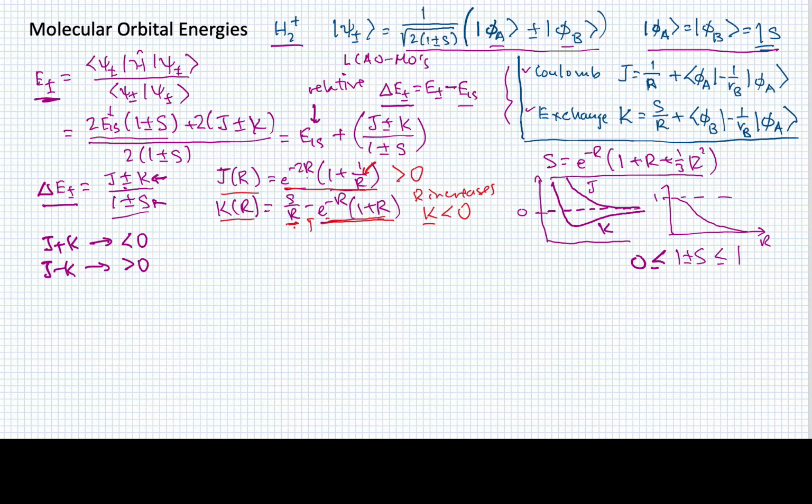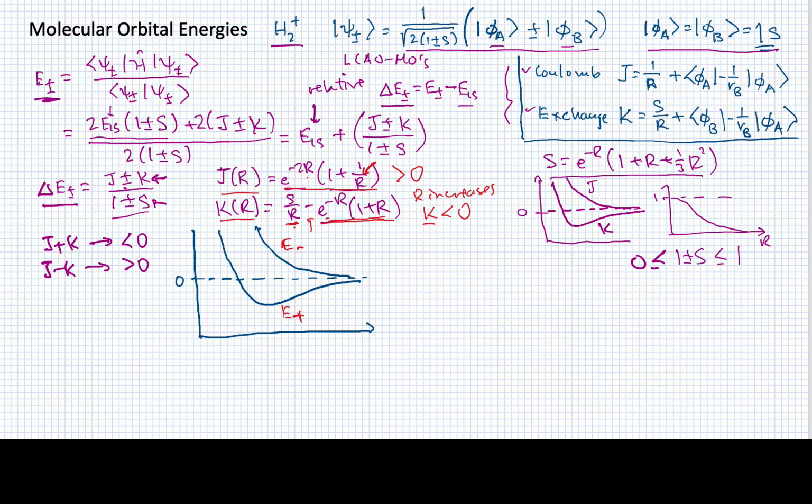And when we draw this out, what we'll end up with is a plot that looks like this. And again, I'll put 0 here in the middle somewhere. And we find that one of the curves comes down like this, and one of the curves comes down like this. And the term that goes below 0 is actually the plus sign of this linear combination, and the one that stays above 0 is the minus sign.